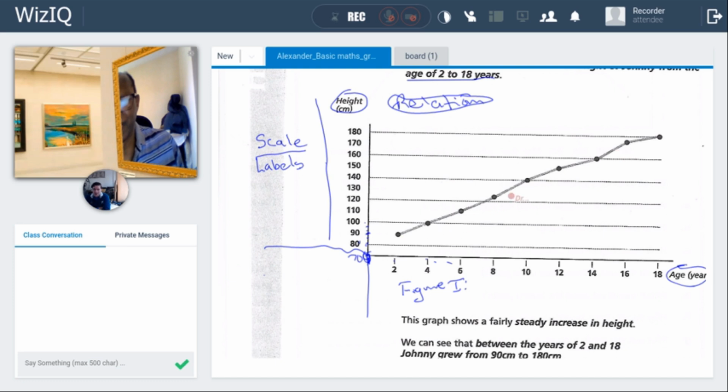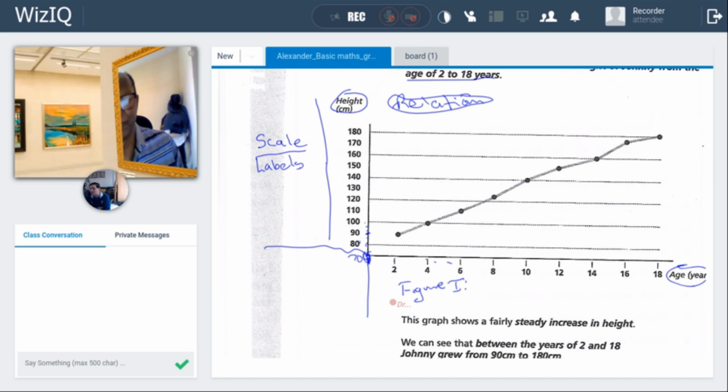They are asking what has been the percentage increase in the height of this child from 2 years to 18 years.